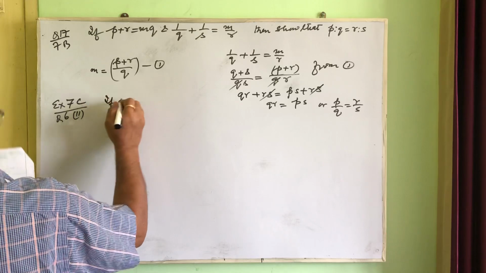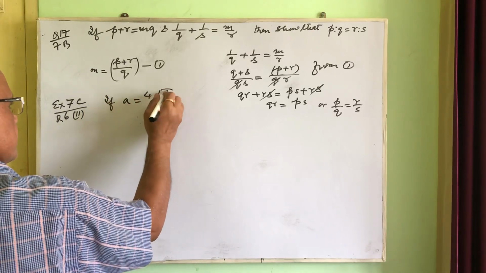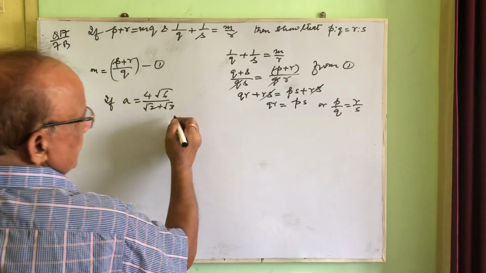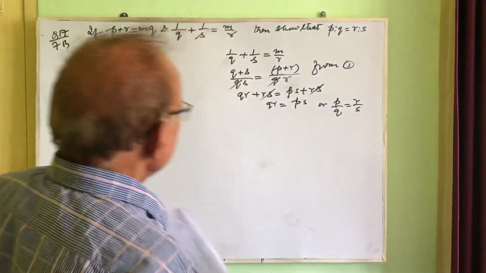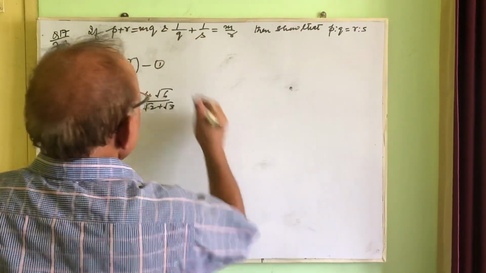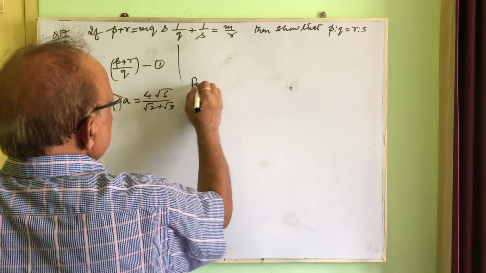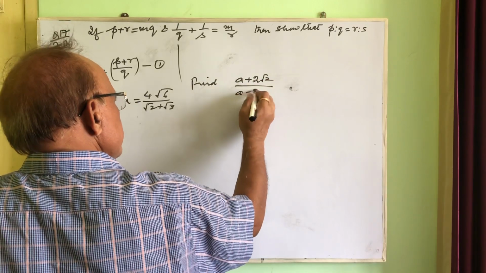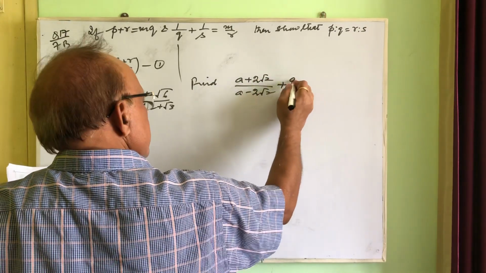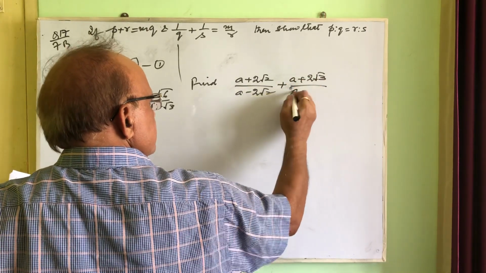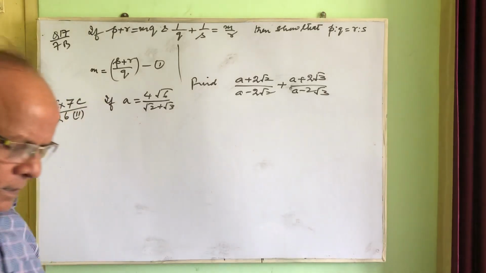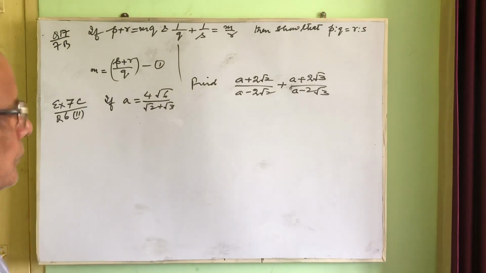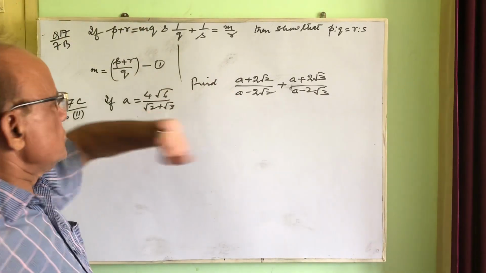If a equals 4 root 6 by root 2 plus root 3, then find the value of a plus 2 root 2 by a minus 2 root 2, plus a plus 2 root 3 by a minus 2 root 3. Generally, the answer for this type of question is 2. In 99% of cases, it is always true.